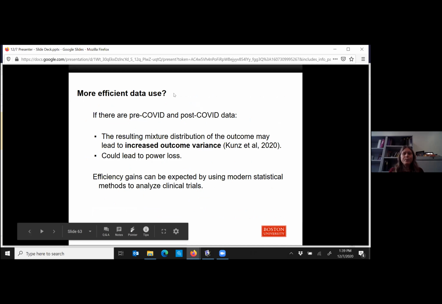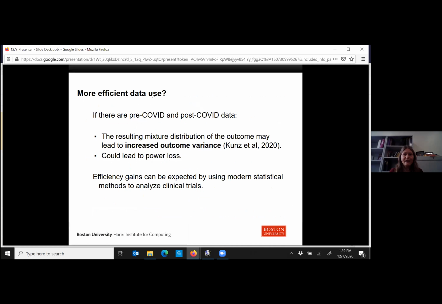It is also possible that we don't want to change the trial, but we just want to change the analysis. Maybe because of lower enrollment or because of increased variance, there could be a power loss. If there are pre-COVID and post-COVID data, the resulting mixture distribution of the outcome may lead to increased outcome variance. And Kunz et al. have also reported this. And this could lead to power loss.